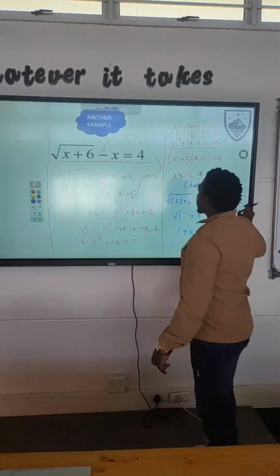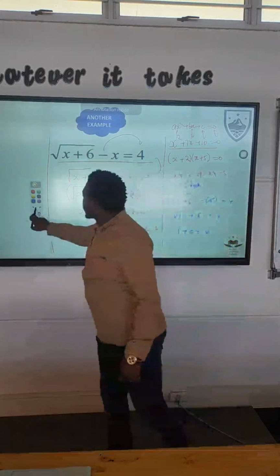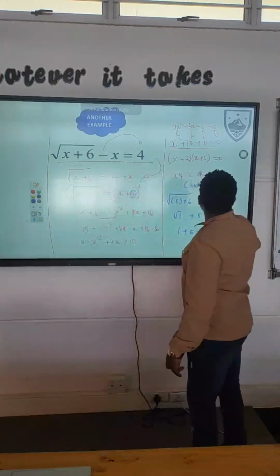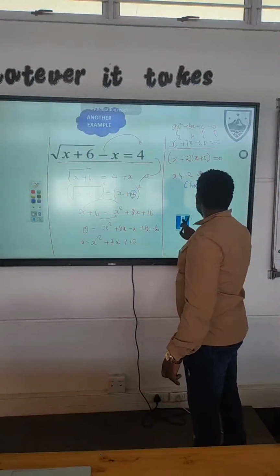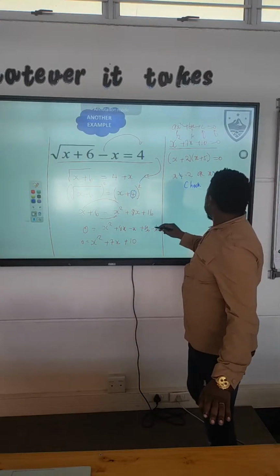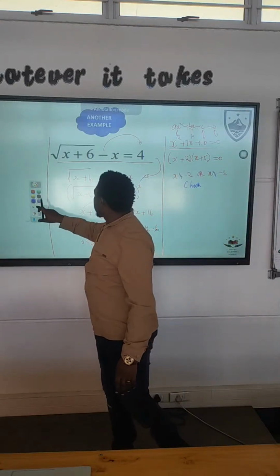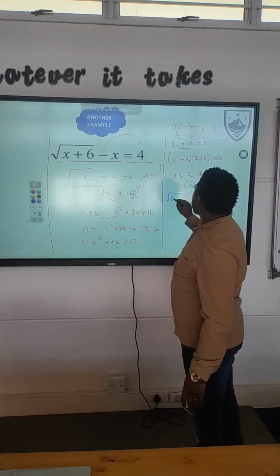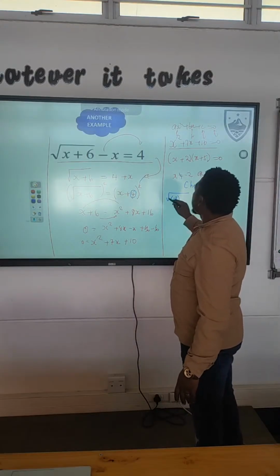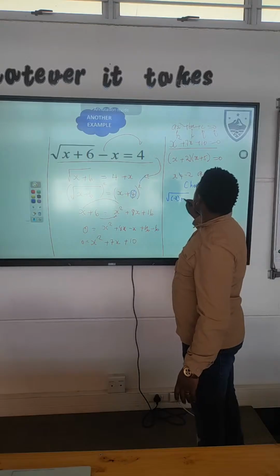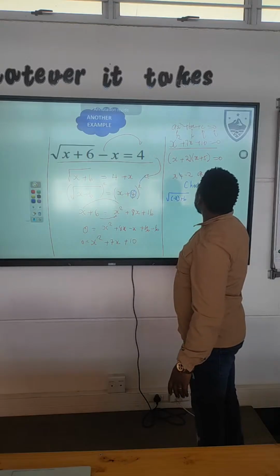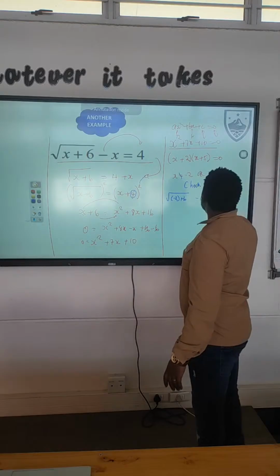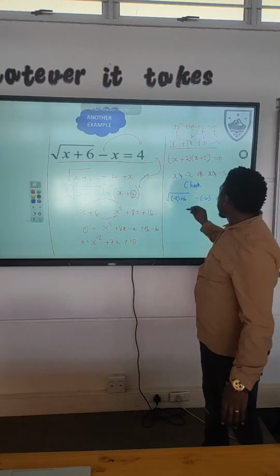Let me sort that one out quickly. The first check. Right. With the first check, I had a square root of negative 2 and then plus 6 and then minus negative 2 must be equals to 4. This thing is going to give us 4.